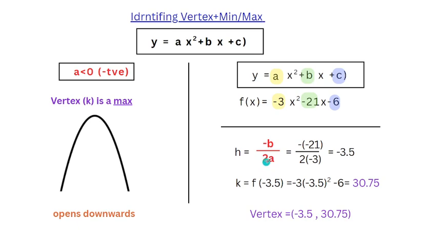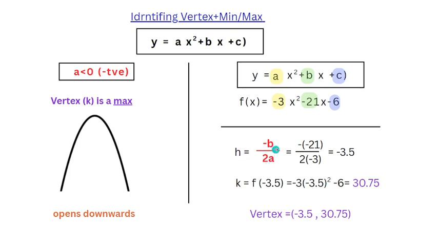The 2 is a standard constant. We don't change it, this is a law. We find b and a from the example and substitute them.